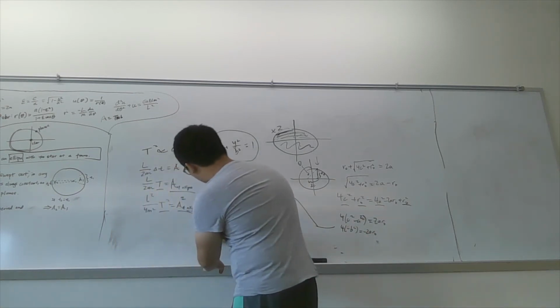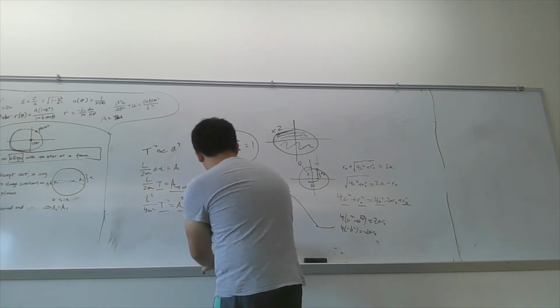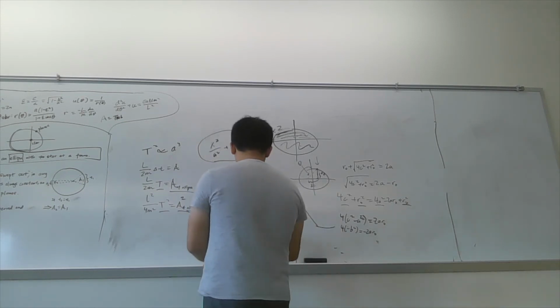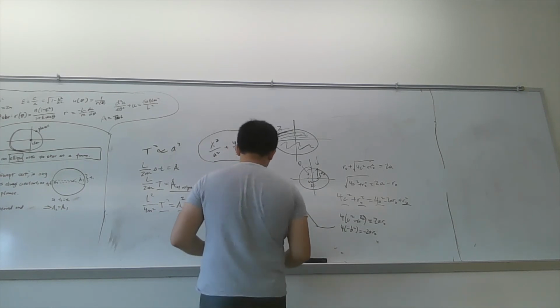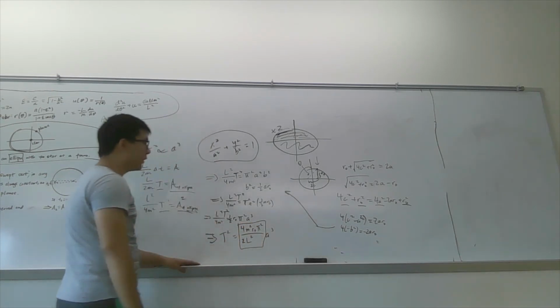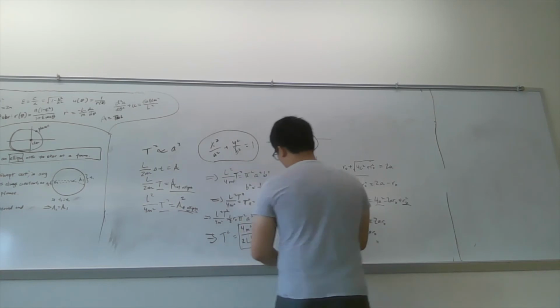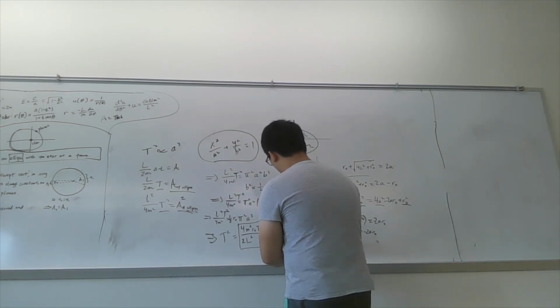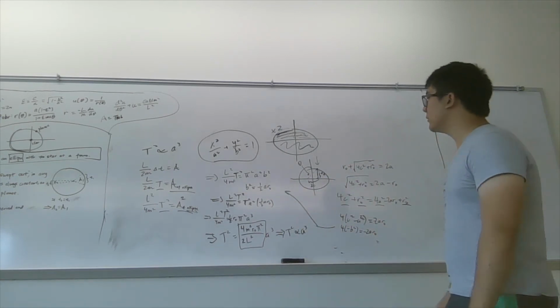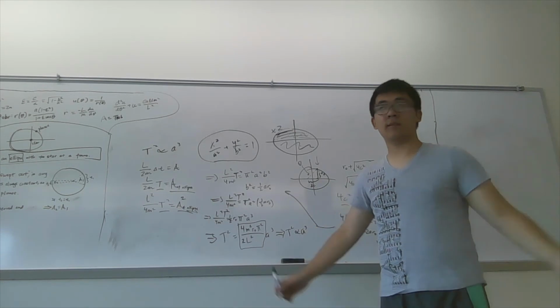So we can just rewrite this as, and everything here is a constant. And so this means that the period squared is proportional to the semi-major axis cubed. And so that's that. That's all of Kepler's laws proved.